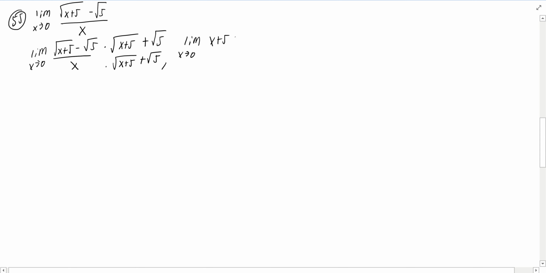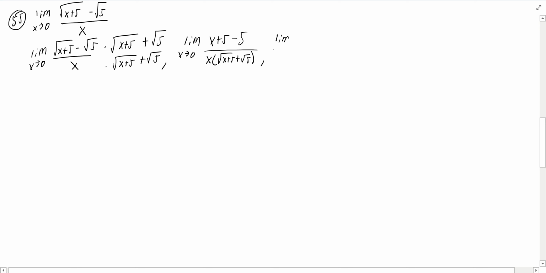And then we're going to end up with minus 5, because if we multiply our middle terms, they're going to cancel because we have a positive and a negative. And then the square root of 5 times the square root of 5, with one being a negative, is just going to give us negative 5 all over x times the square root of x plus 5 plus the square root of 5, like so.